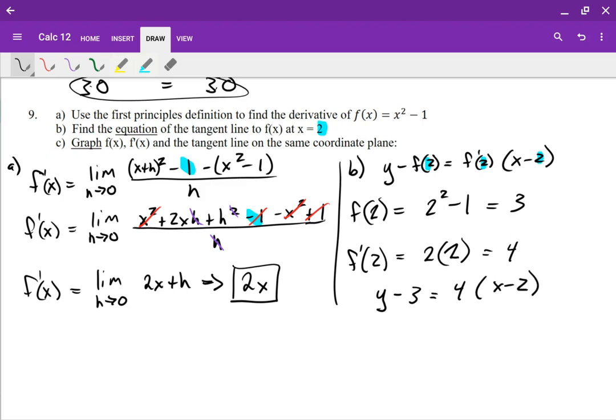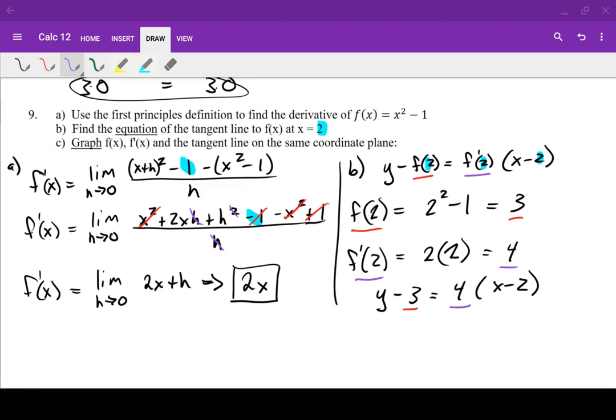All right. And there we have it. This is our tangent line. This guy is this guy, which I discovered here. And this guy is that guy, which I discovered there. And there's our tangent line for that one.